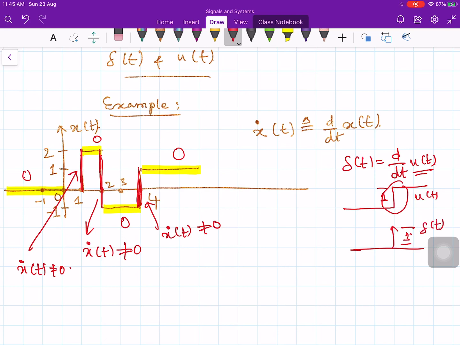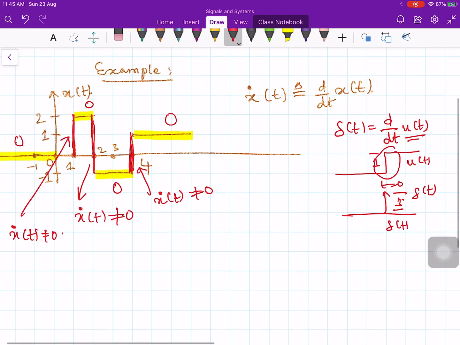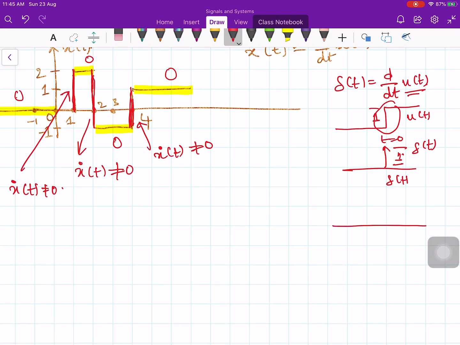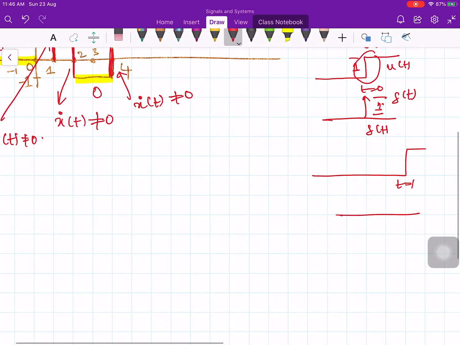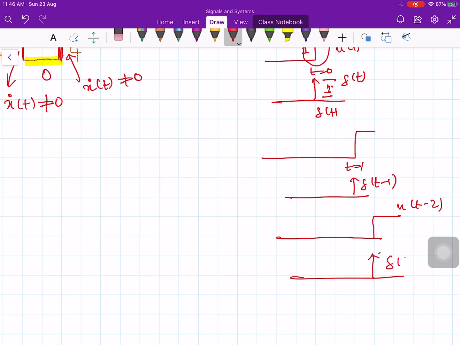If the rise is at t equal to 0, then I will get del of t. If the jump is at t equal to 1, then I will get del of t minus 1. If the jump is at t equal to 2, let's say u of t minus 2, then I will get the impulse sitting at del of t minus 2, and so on and so forth. Therefore, wherever you find the discontinuity, there you will get an impulse function if you differentiate.